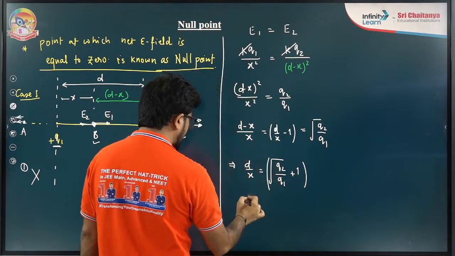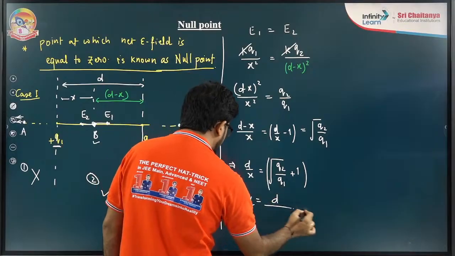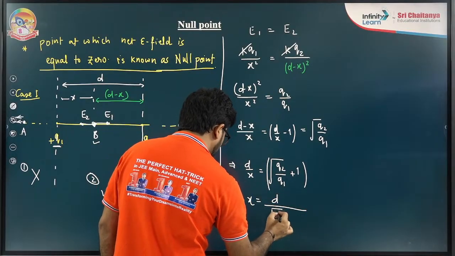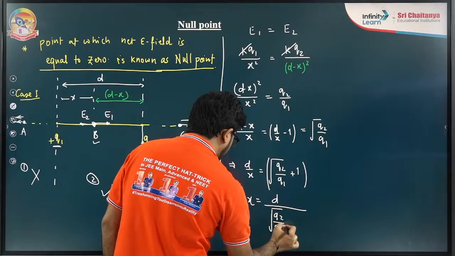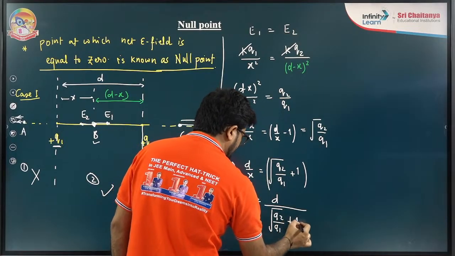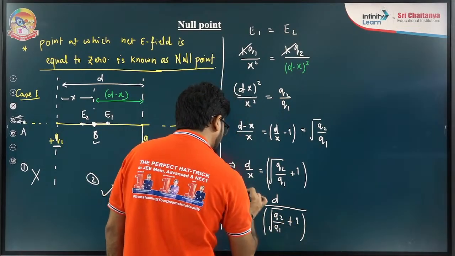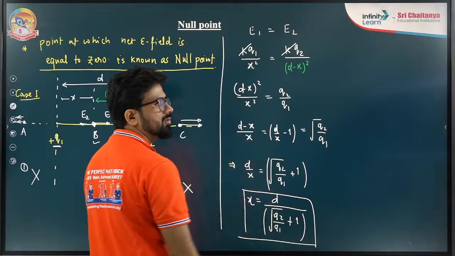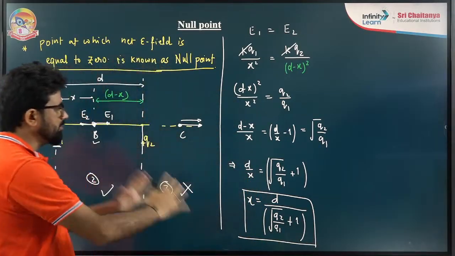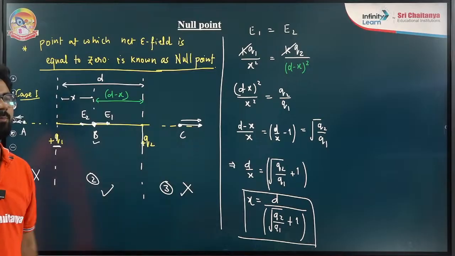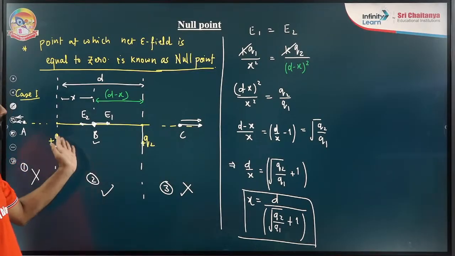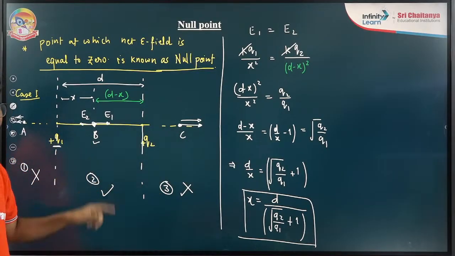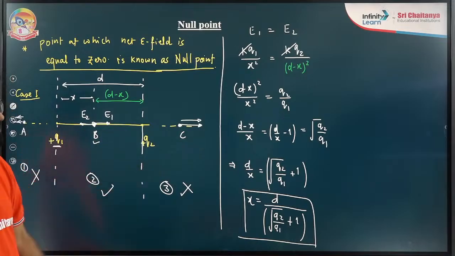You are interested in x, so x would be d divided by (root of Q2 by Q1 plus 1). That is the position of null point. Directly also you can remember it. Remember, this is the position of null point if both are positive or both are negative, and we have measured this position from the Q1 side. Try to understand it. From Q1 I am measuring this distance.